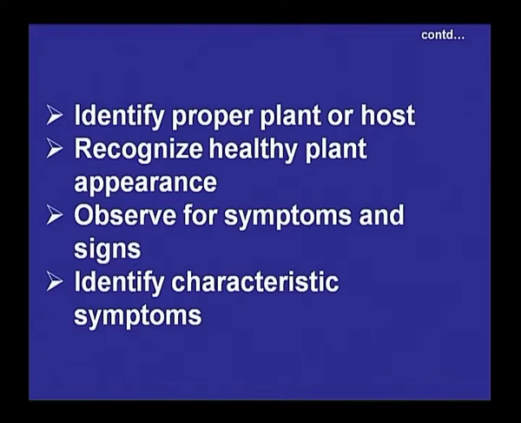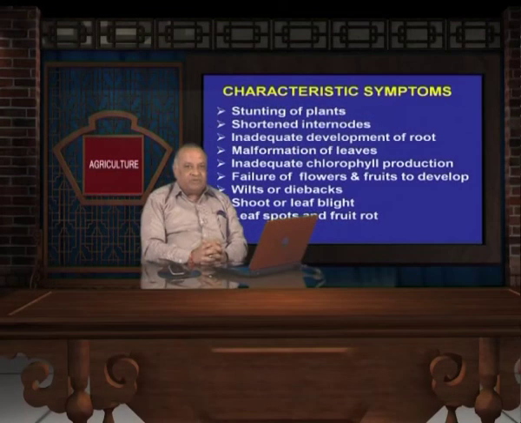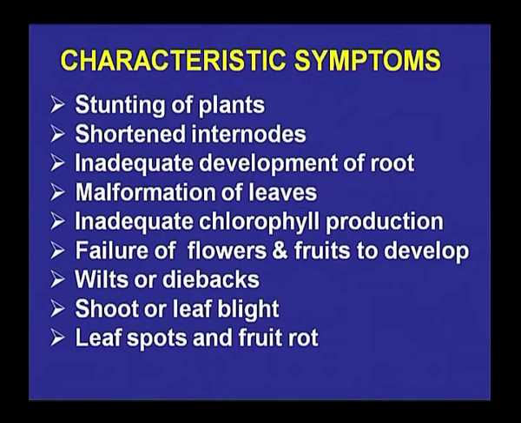Then we observe the symptoms and signs on the body of the plant. Symptoms are very important for finding out the causal organism affecting plant health. These are the characteristic symptoms.